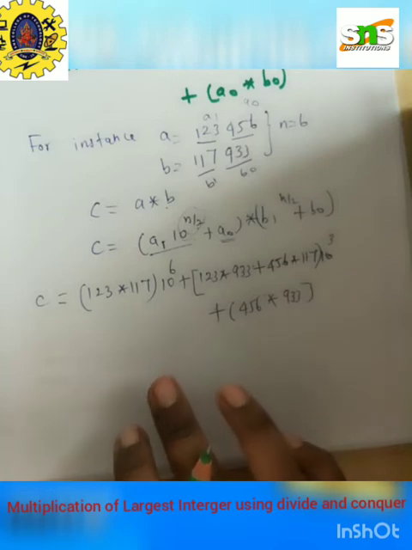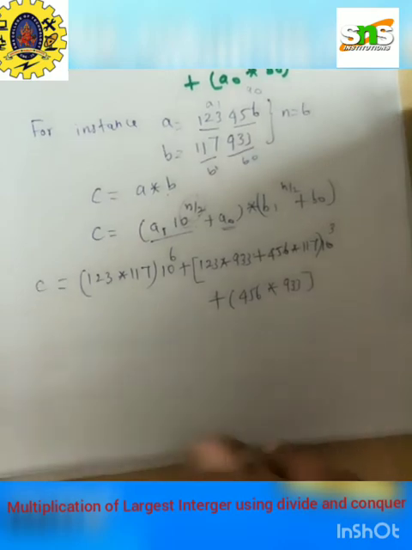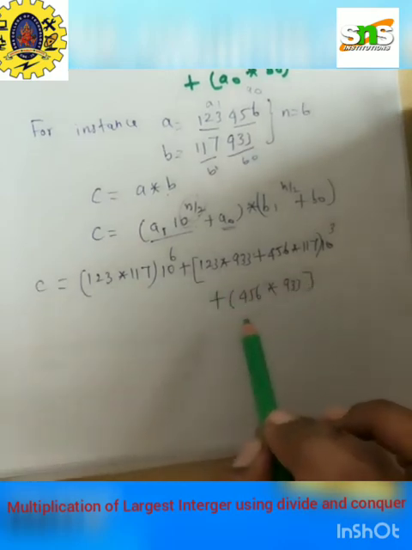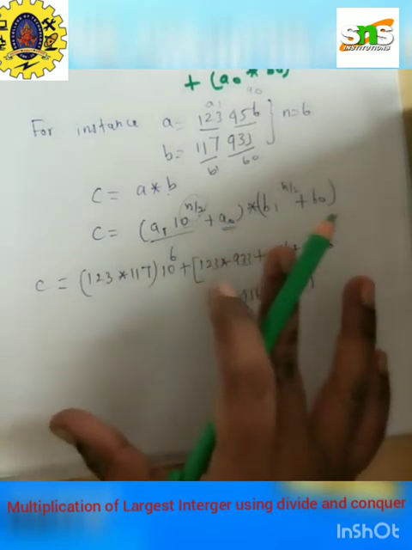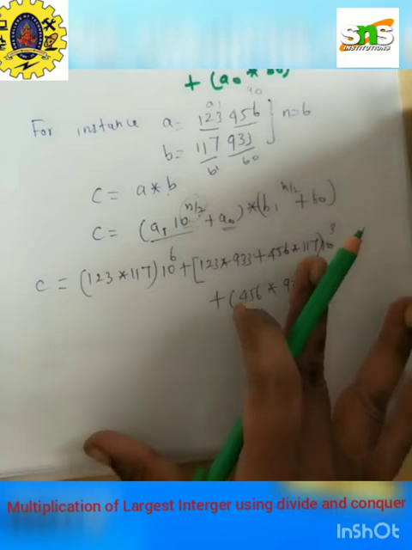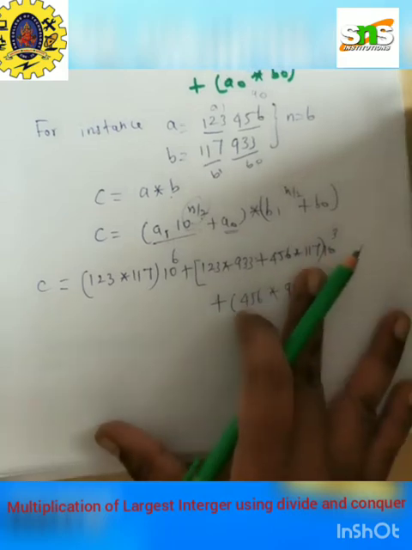Okay, so you can simplify these things, and we can get the answer. This is the formula for largest integer multiplication.